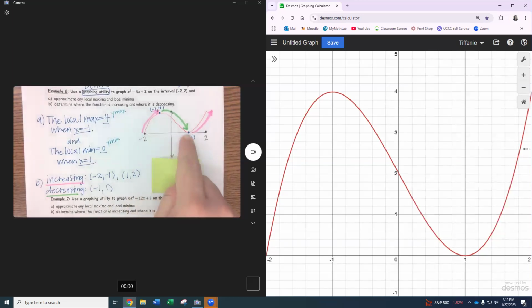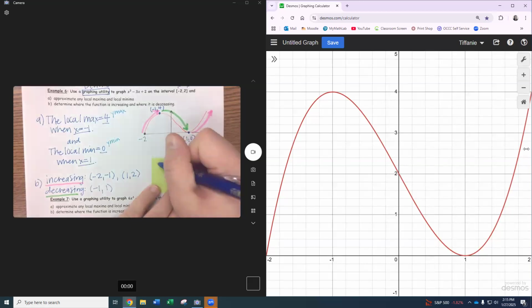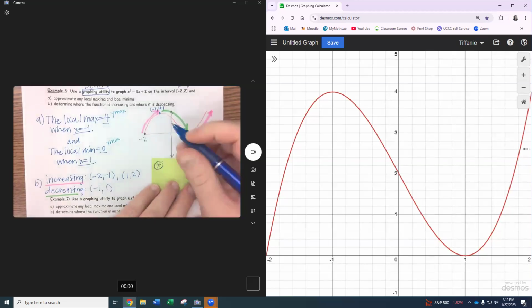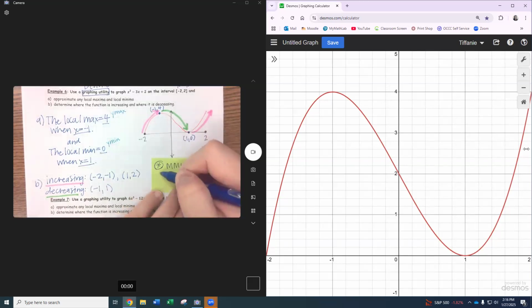Same with my max and my mins, right? So because it's not actually including that number, I don't want to ever put that in brackets. It's always going to be parentheses when we're talking about increasing and decreasing. However, we're going to make a little note that your homework, that my math lab uses brackets here.